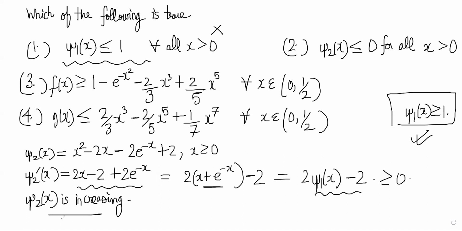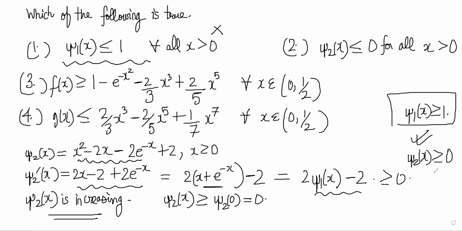Psi2 x is an increasing function, and therefore psi2 x must be bigger than psi2 of 0. What is psi2 of 0? If you put 0 here, you get 0 minus 0 minus 2 plus 2, which is equal to 0. So we are getting psi2 x is greater than or equal to 0.